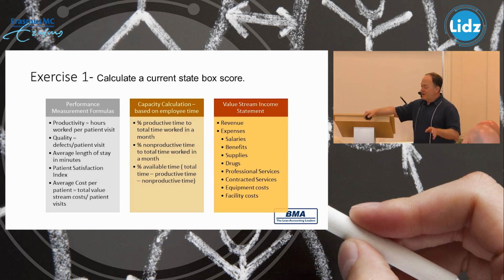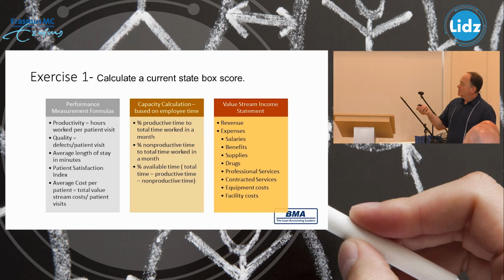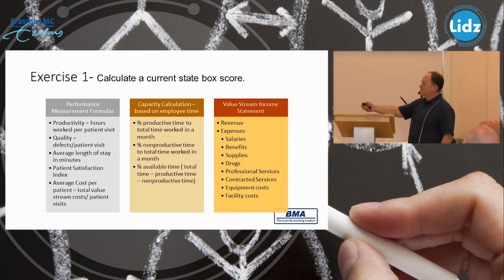You'll see on the box score there's employee engagement. Don't worry about that. The capacity calculation: what's the percentage of productive time to total time worked? What's the percentage of non-productive time to total time? Then what's the percentage of available time?